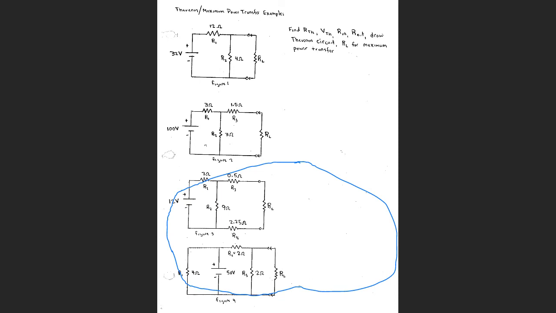This resistor right here doesn't have any current through it. A resistor with no current through it is not dropping any voltage. So if it's not dropping any voltage, you can take it out of the circuit and replace it with a piece of wire. A resistor with no current going through it acts just like a piece of wire.